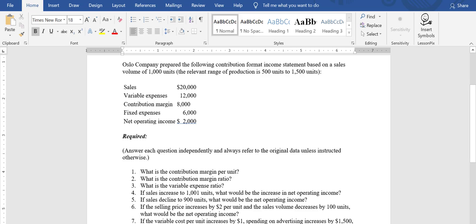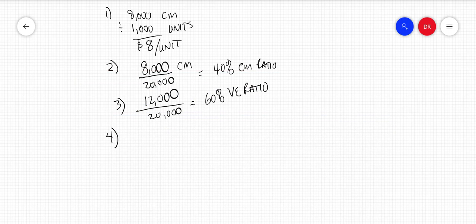Number 4 says, if sales increase to 1,001 units, what would be the increase in net operating income? Well, one of the things that we can know is that if we're beyond the break-even point, and we are, every additional unit that we sell will increase net income by the contribution margin per unit.